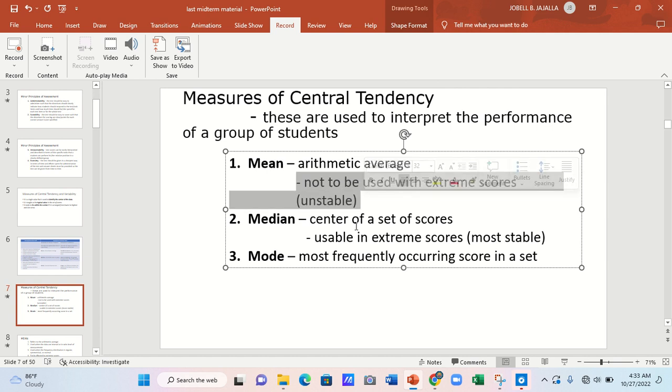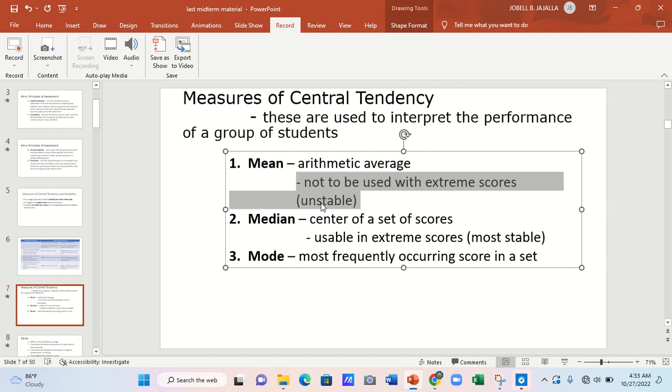It is quite unstable if there are extreme scores in the set of data. So what are those extreme scores we are talking about? Those are the highest or the lowest scores. For example, in a total of 50 items, someone scored only 1 or 2 out of 50.